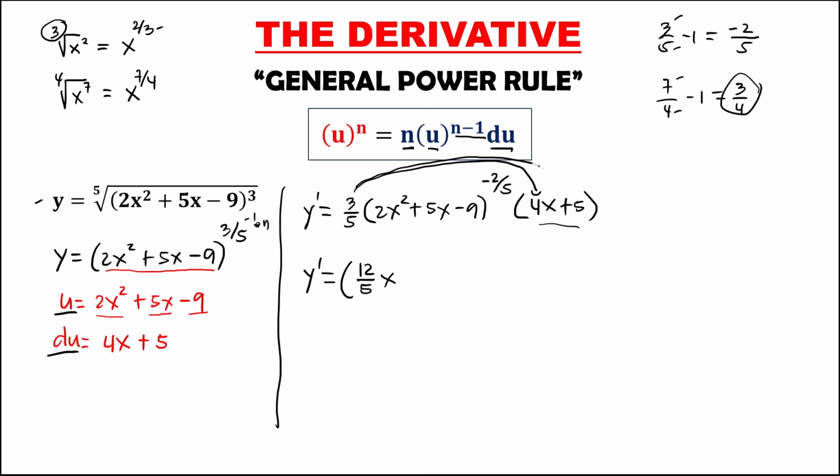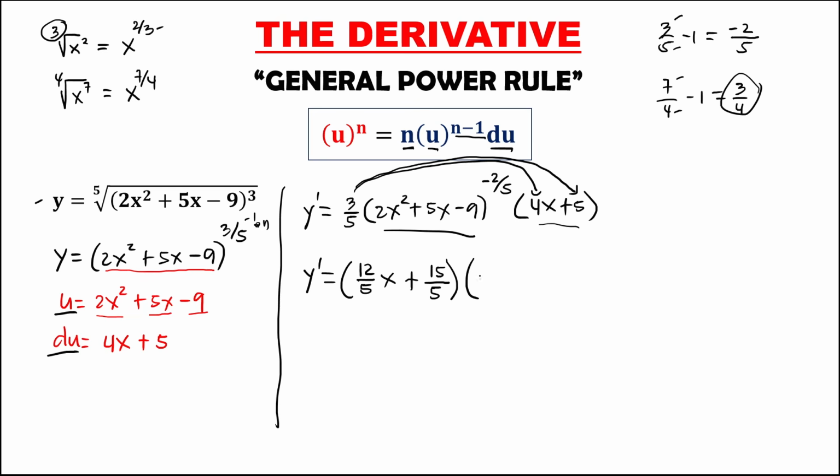Then for this term, plus, again multiply this numerator and this number, so 3 times 5, this one is 15, then copy the denominator 5.